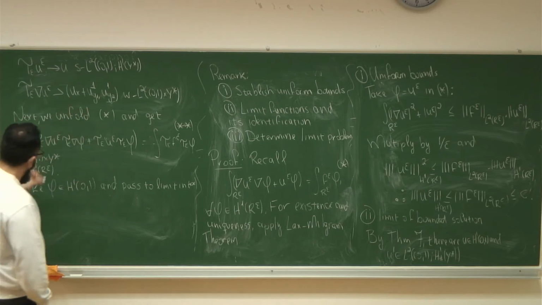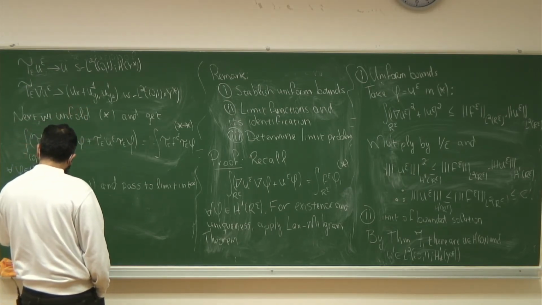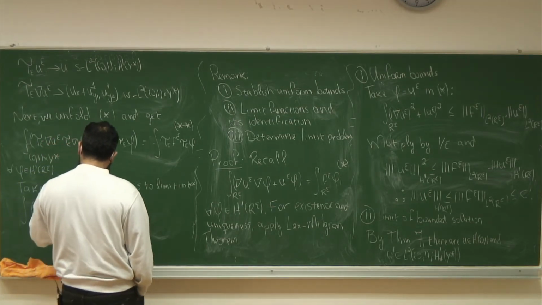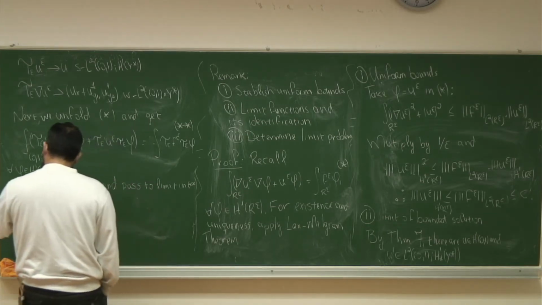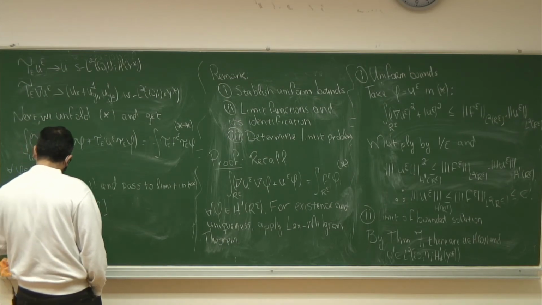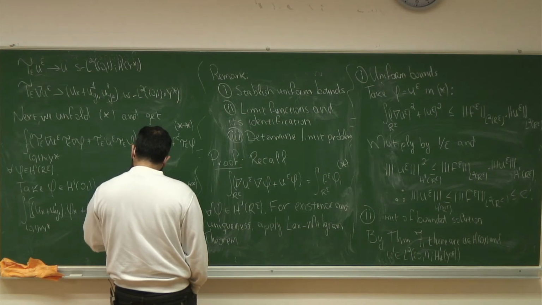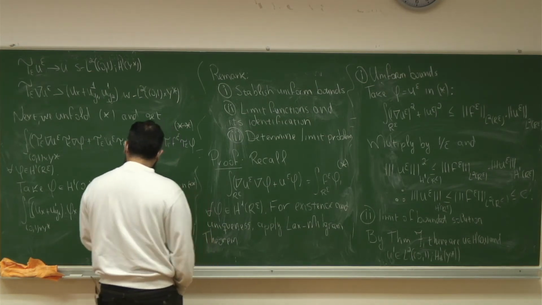So what we will have is basically this, plus u times phi equals f hat times phi.